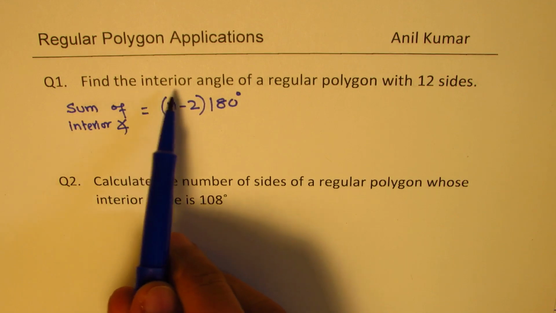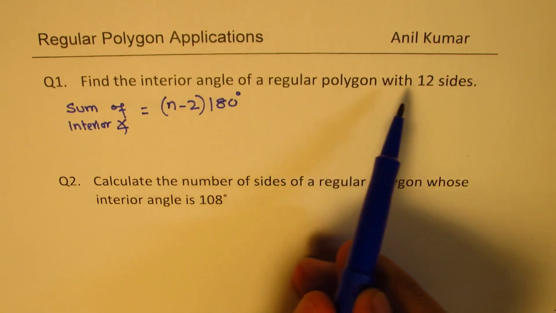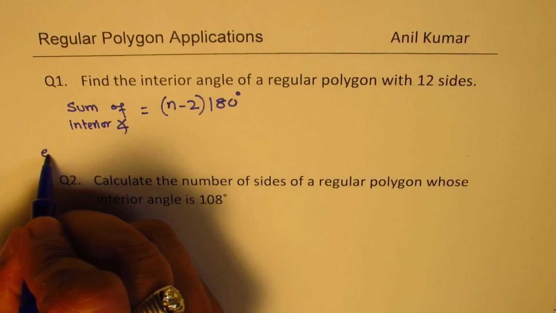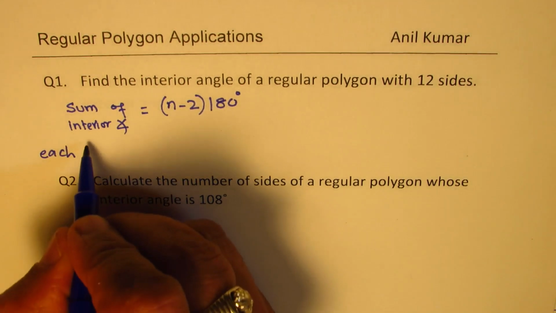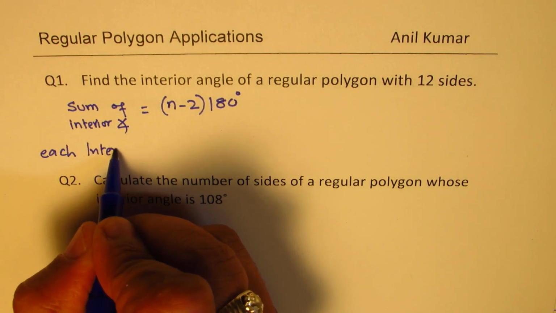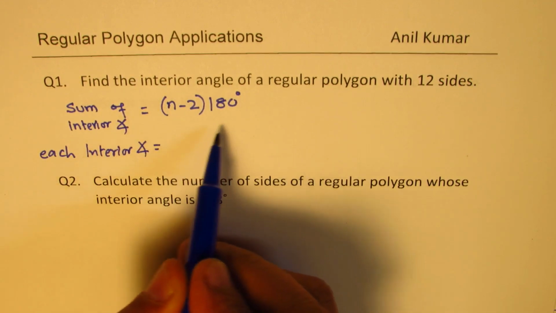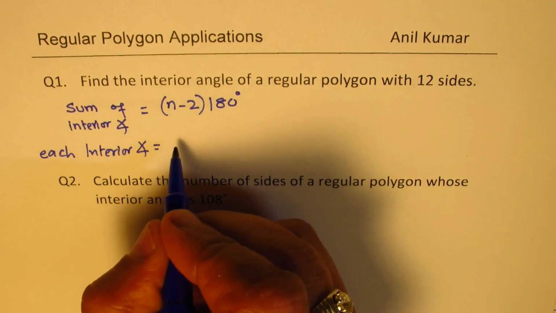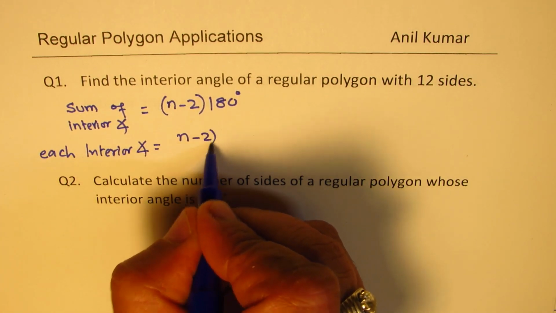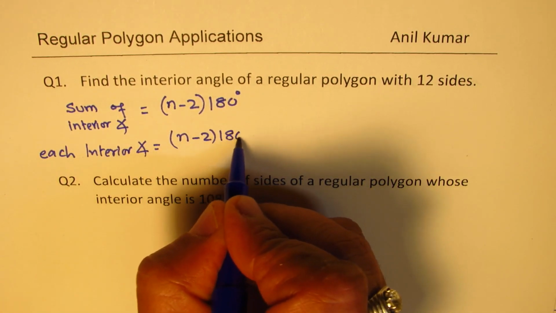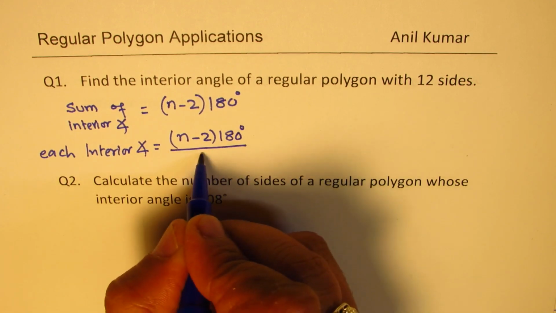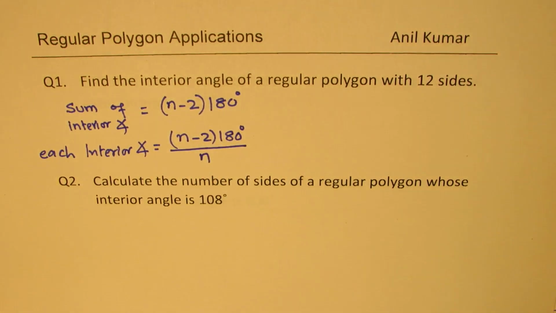Now when we say find the interior angle of a regular polygon, then each interior angle will be how much? You have to divide this by the number of sides. So basically it is (n minus 2) times 180 degrees divided by n, the number of sides. Then you get each interior angle, right? So that is the formula when we work with interior angles.